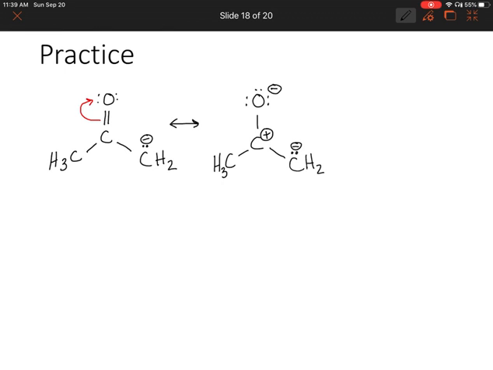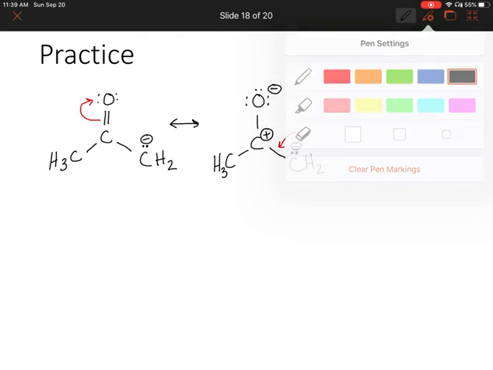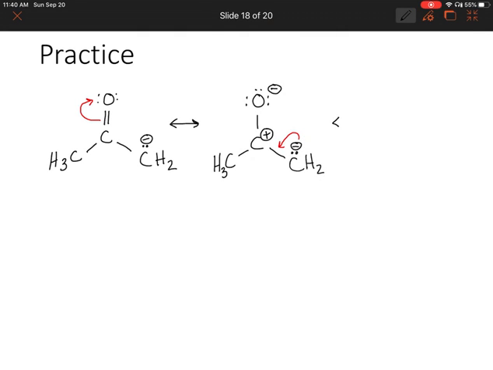Okay, so one way we can fix that is by moving the lone pair of electrons on carbon over so that now we have a double bond between those carbons. Okay, so these are our resonance structures.